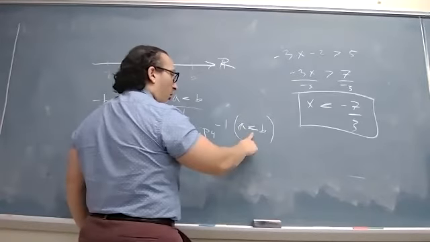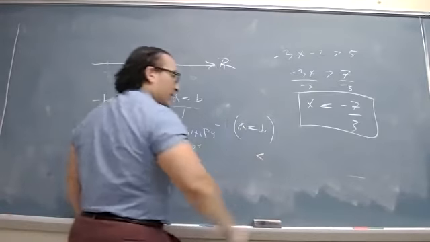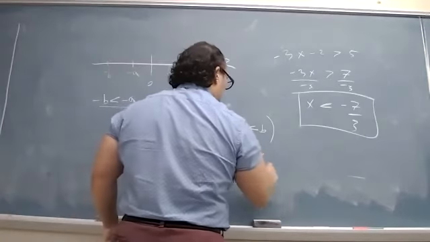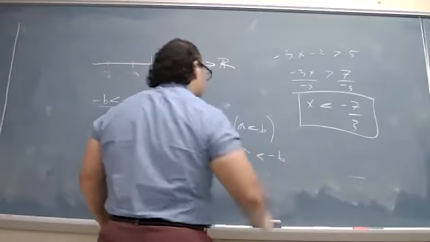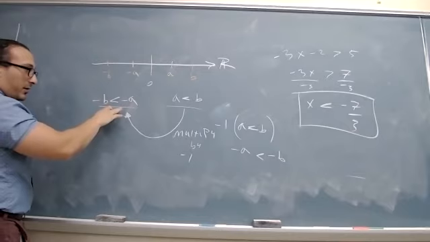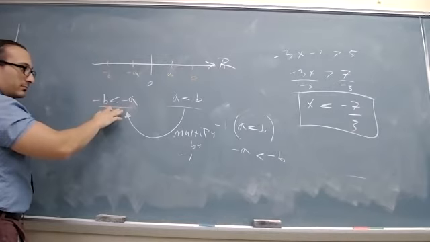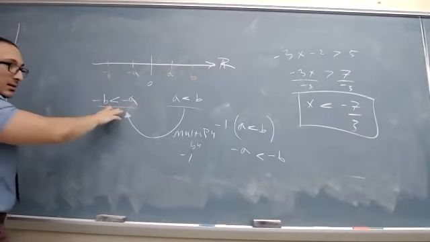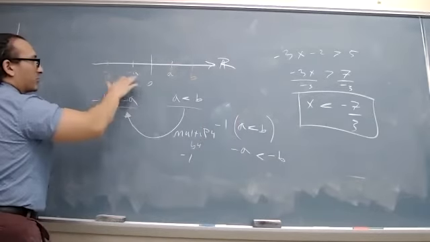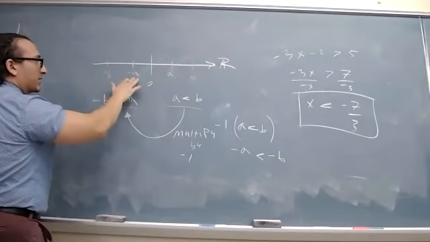And let's say we don't flip the sign. We would get negative A is less than negative B. Let's say we don't flip signs when we multiply or divide by a negative number. But that would contradict this statement right here. Negative A being less than negative B actually contradicts reality. Take a look.